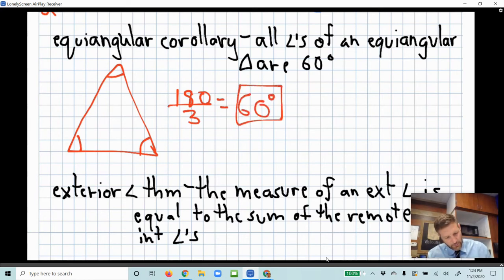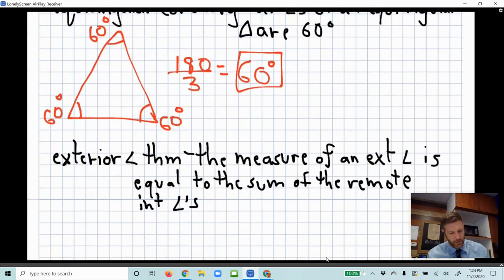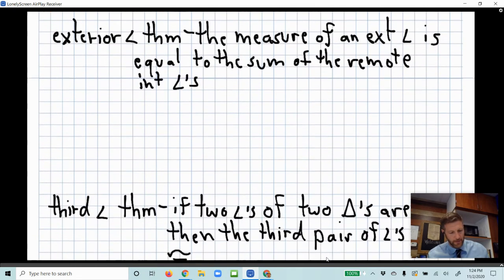So these have to all be 60 degrees. There's no other way to have a triangle whose angles are all the same measurement, because it's a fixed total. They have to add up to 180. In class, we're going to talk about why that is the case. We can demonstrate it. The equiangular corollary is just knowing that if you have an equiangular triangle, you immediately know all three angles. They don't have to give you one or two.